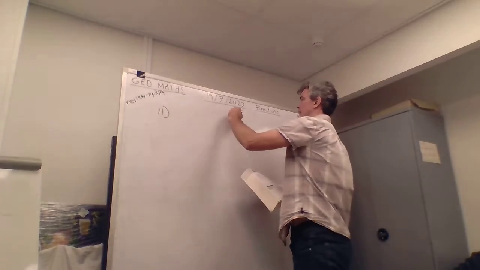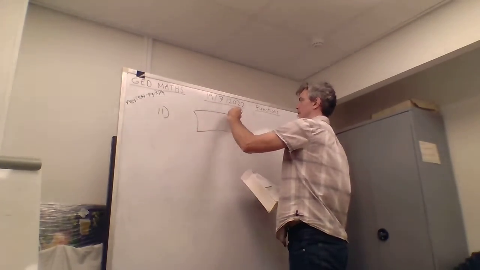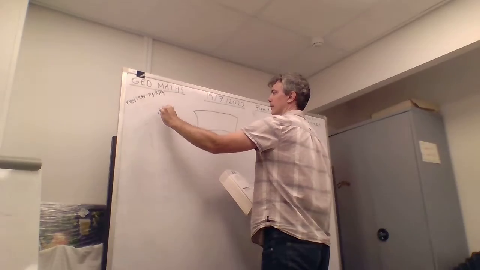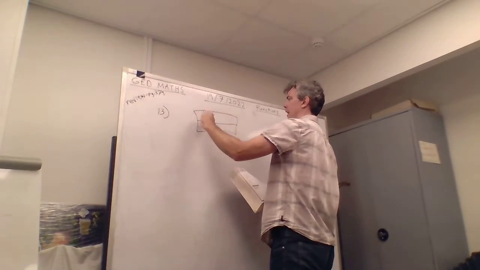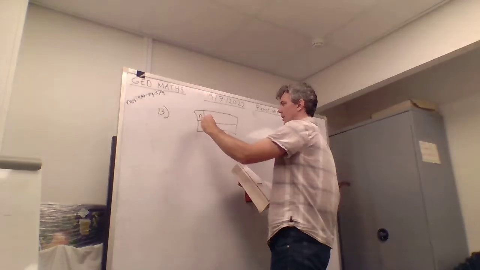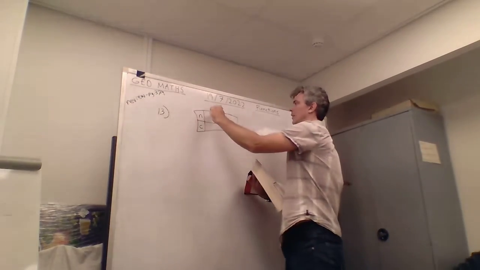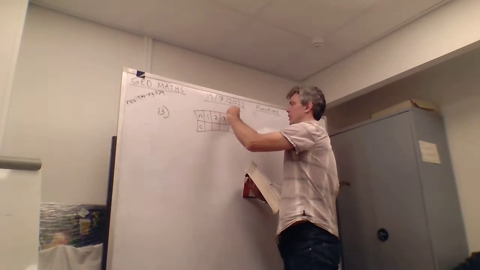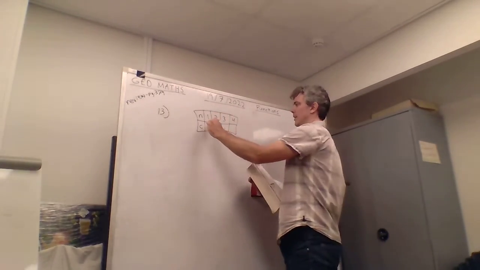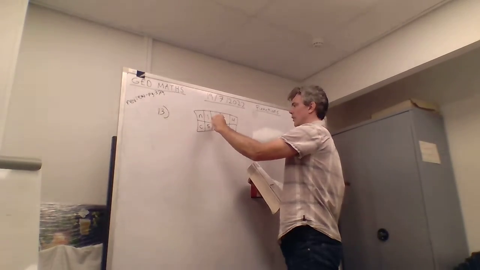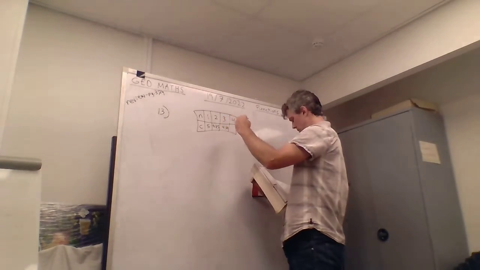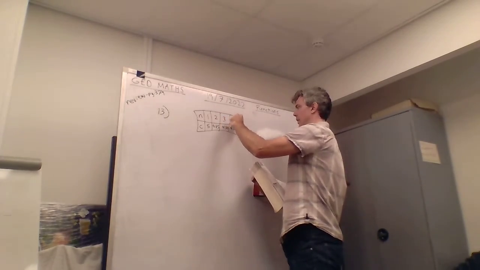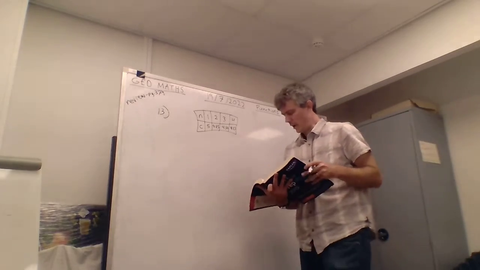We have a table with number of scarves, N, and cost per scarf, C. We have 1, 2, 3, 4, and here it's 5, 4.75, 4.50, 4.25. So what we need to do is look at a pattern.